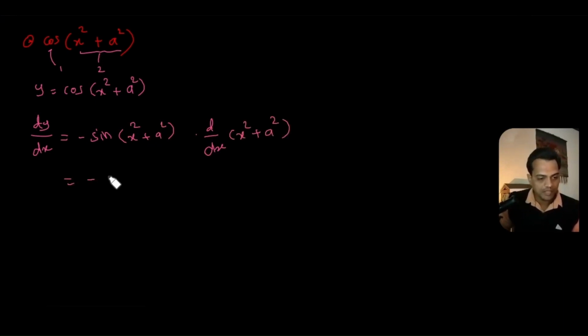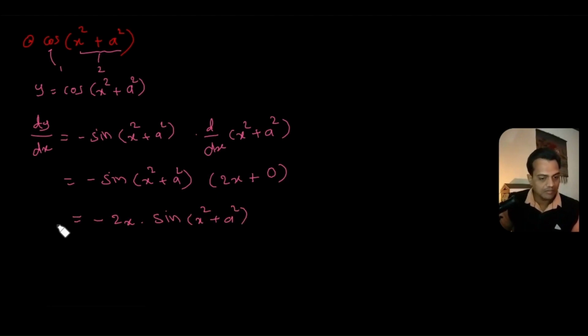Then minus sine of (x square plus a square) as it is, and the derivative of x square is 2x and derivative of a square is 0 because it is a constant. Now this will become minus 2x into sine of (x square plus a square), so that is dy by dx.